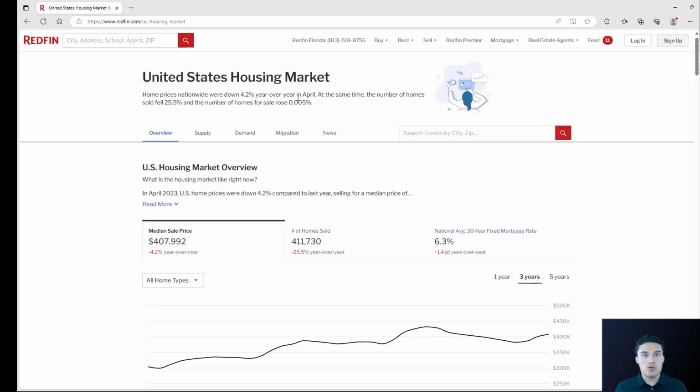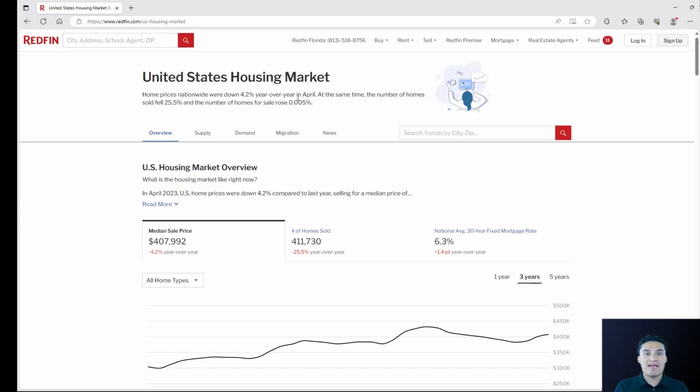This is going to help you understand whether the market is going up or going down in your area. Again, this is extremely important because no matter where you're at, the market is going to be completely different. For example, let's say that we are going into a recession, but there's a couple of cities where there's a lot of development going on.